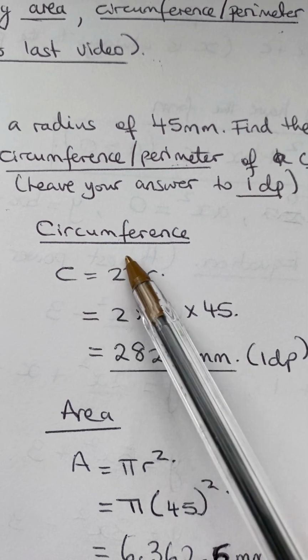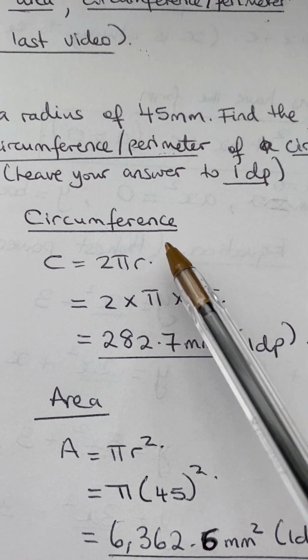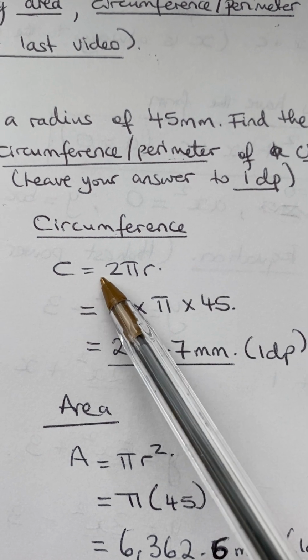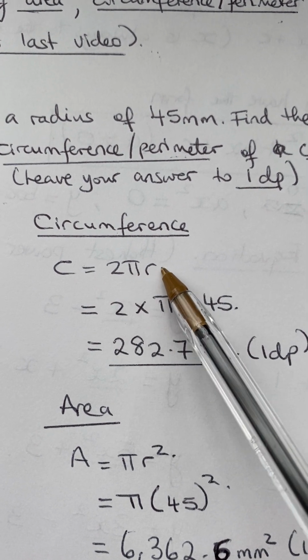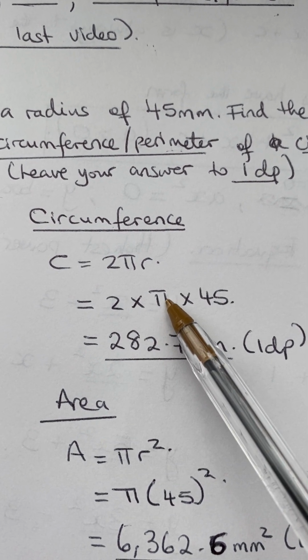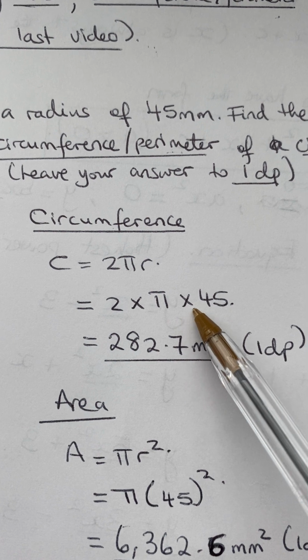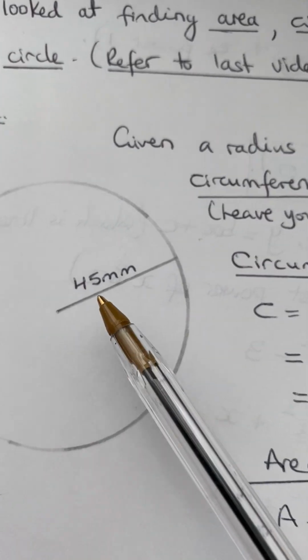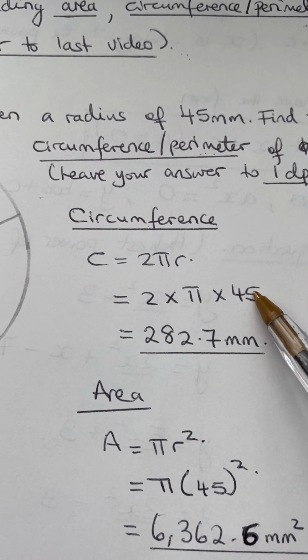Now the circumference of a circle is C equals 2 pi r. So 2 times pi times r, which is 45 millimeters.